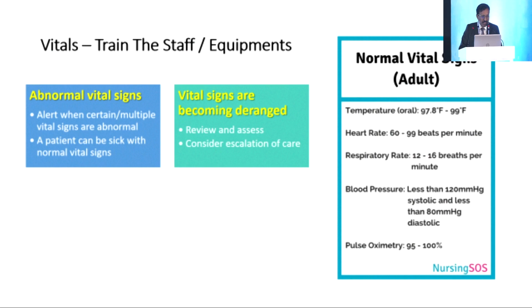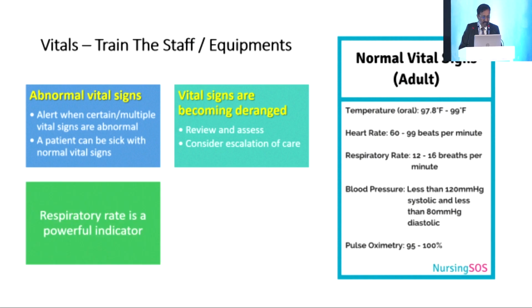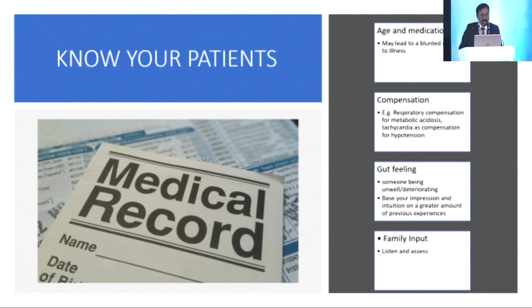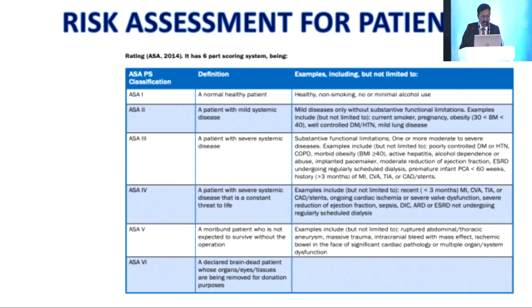So we need to train them in identifying vital signs, and also the respiratory rate, and also ensure that we notice the saturation rates. And we also need to know our patients, particularly old patients with a lot of comorbidities. We need to make it a point to note in the case record their age and medications. And we need to have some gut feeling if there is a problem in the reception or waiting area. This risk assessment is very, very important.